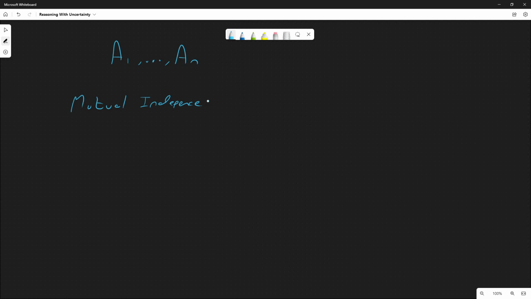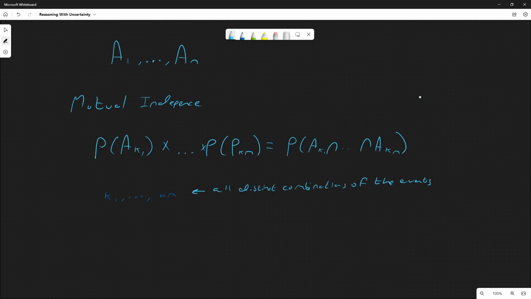So the equation is this one, where you have the probability of A K1 through Km. This is the part that gives us all distinct combinations. So K1 to Km could be 1 to n, or it could be 3 to 5, or 3, 5, 7, and 2.